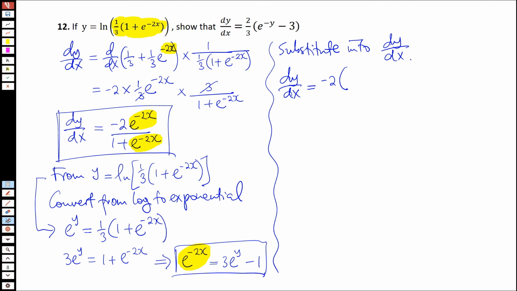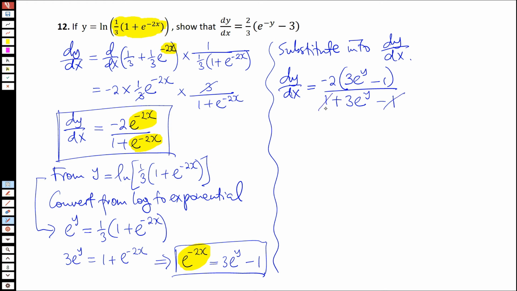So what we shall end up with is negative 2 multiplied by 3 e to the power y minus 1 over 1 plus this result, 3 e to the power y minus 1.